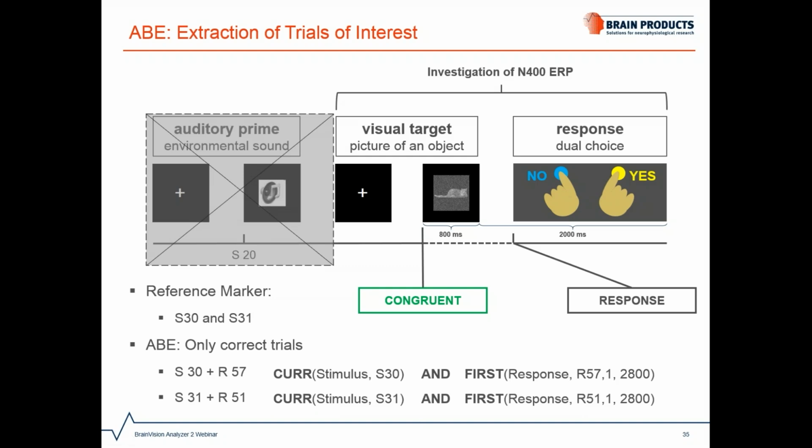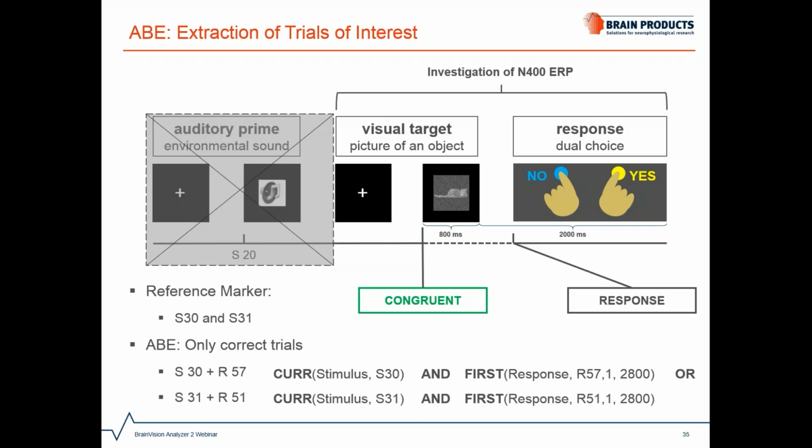How do we connect them? Again with AND? Actually no, because that would mean a trial would need to fulfill the whole ABE. But that's just not possible, because our trial only starts either with S30 or S31, and then comes the appropriate response. So it's not possible that a trial would fulfill both. And I think you see where this is leading: OR has to be in the middle. And this is already the final advanced Boolean expression to select only the correctly answered congruent trials.